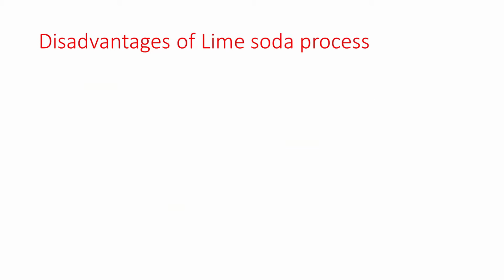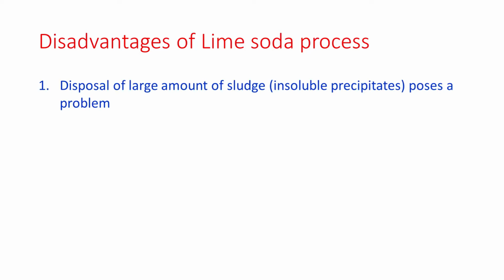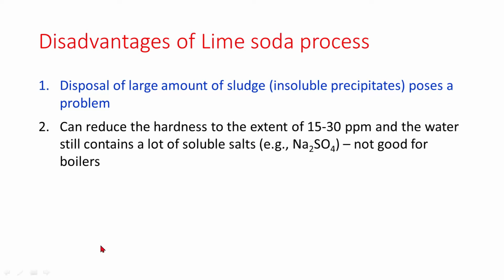Disadvantages of the lime soda process. There is a problem of disposal of large amounts of sludge, which are insoluble precipitates. The lime soda process can reduce the hardness to the extent of 15 to 30 ppm and the water still contains a lot of soluble salts, for example sodium sulfate, which is not good for boilers.